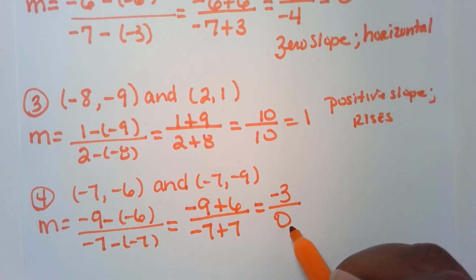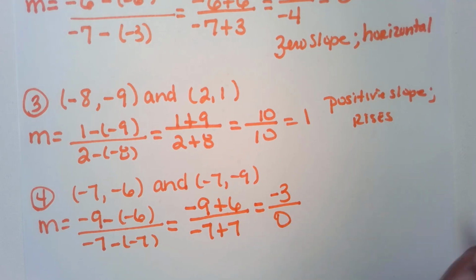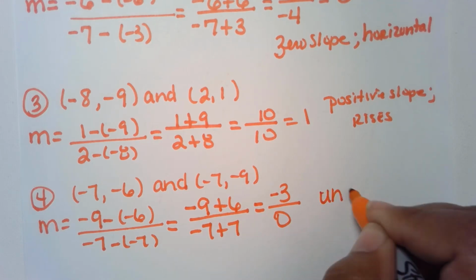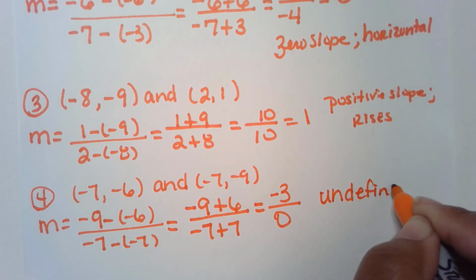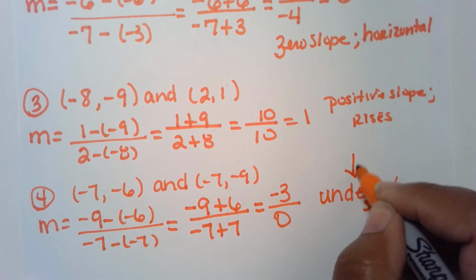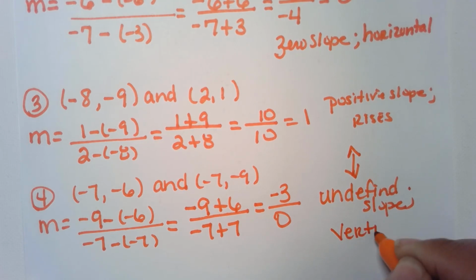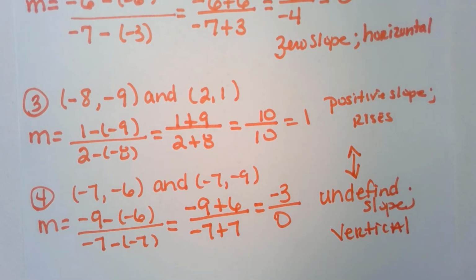Now, 0 is in the denominator. We cannot divide by 0. Therefore, we have an undefined slope. All vertical lines have an undefined slope. So this line would be vertical.